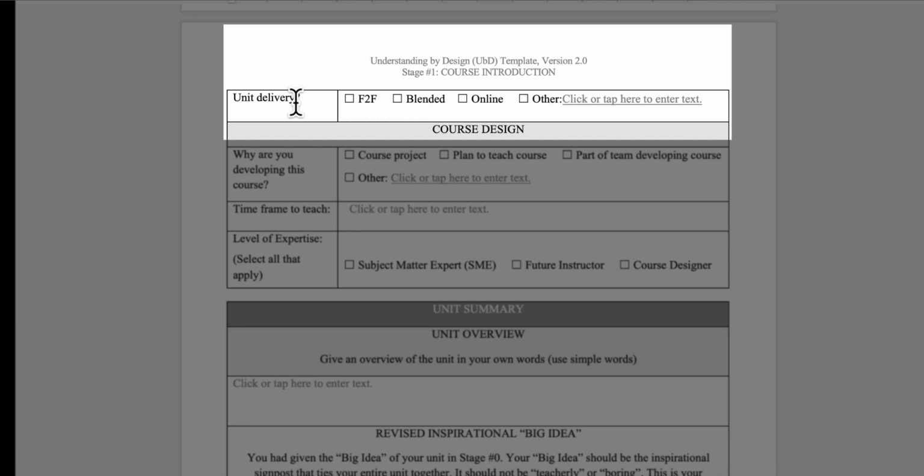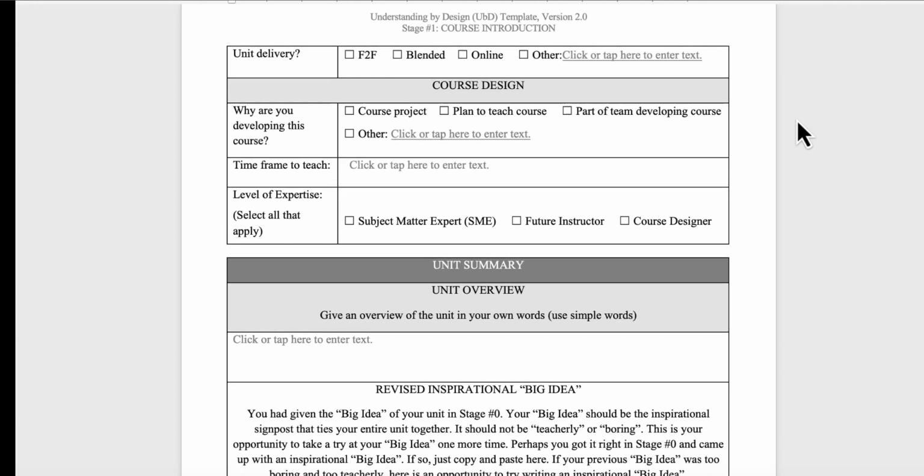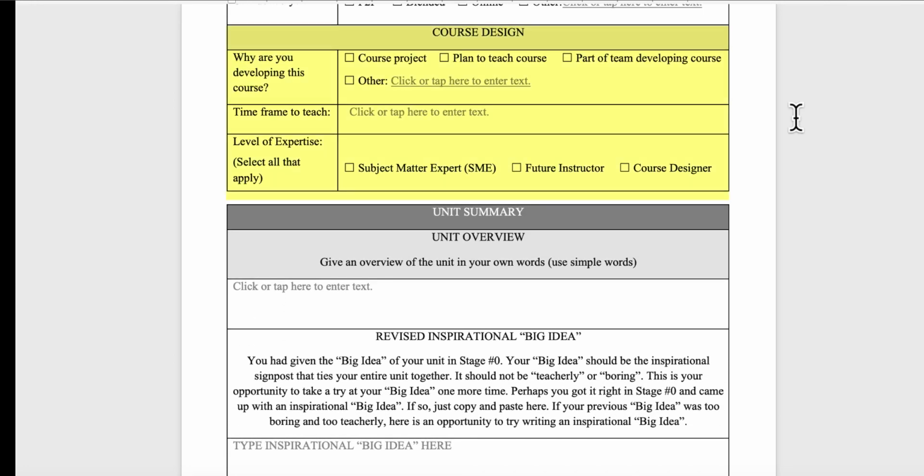It could be face to face, it could be online and in class, or just online. And there are other opportunities for different ways to deliver a unit. Why are we developing the class time frame? Is it going to be a few days or a couple weeks?